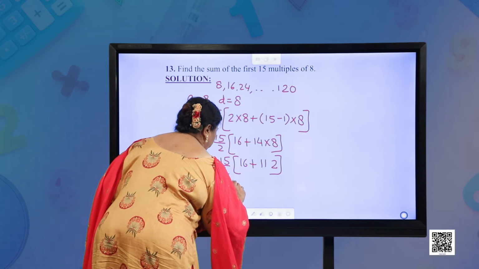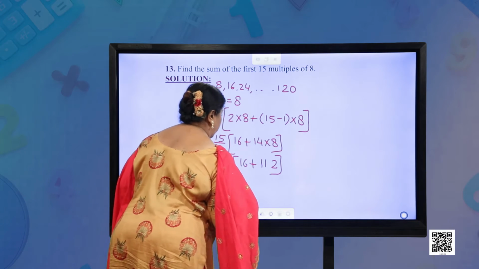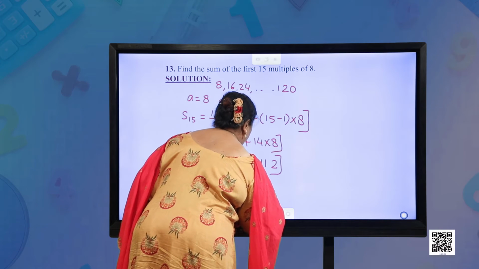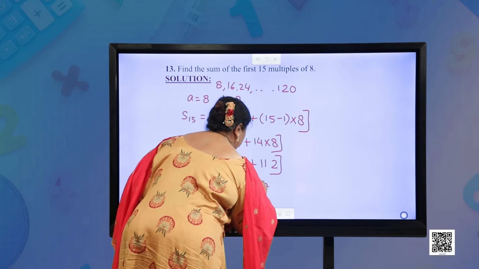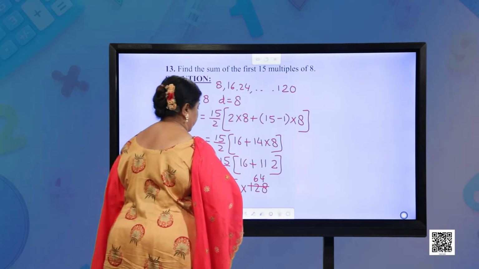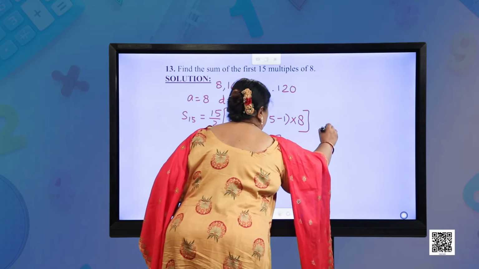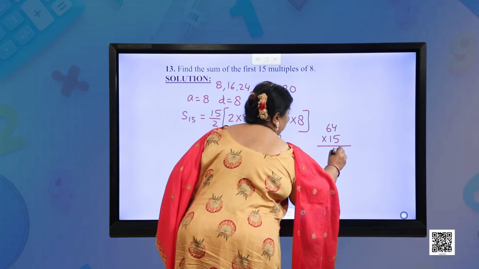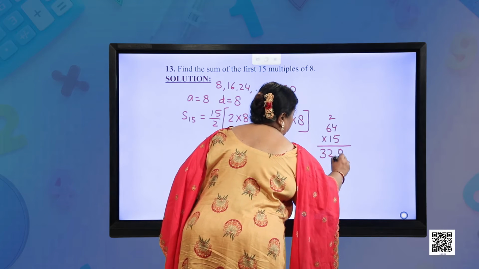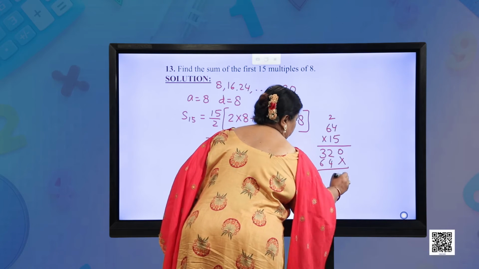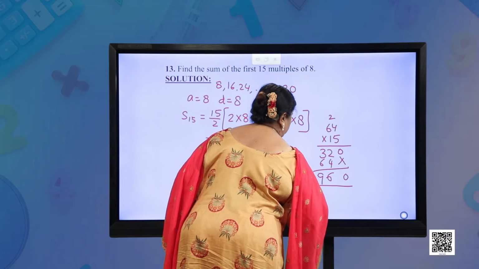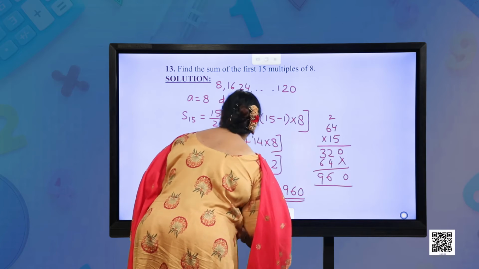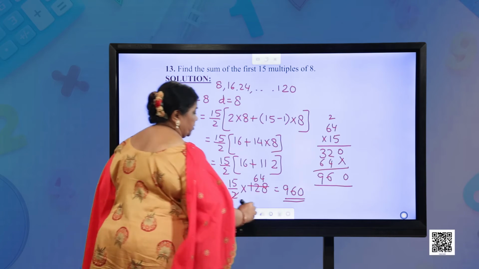So, you get 15 upon 2 into 128. That gives us 64. Let us multiply 64 with 15, that will give us the answer. Yes, we get 960 as the answer for the sum of the first 15 multiples of 8.